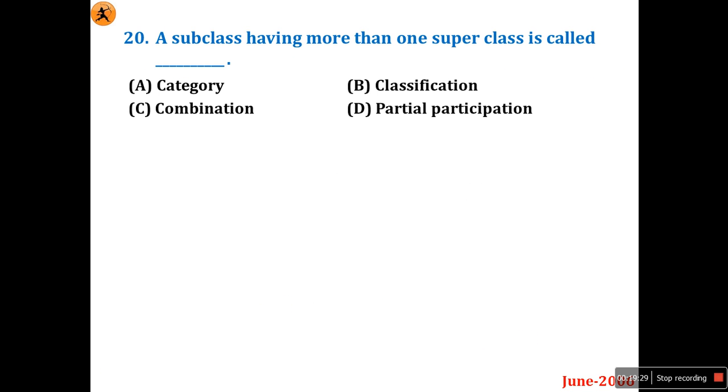Look at the last one. A subclass having more than one superclass is called: category, classification, combination, or partial participation. So first of all we'll see what is a subclass and superclass, then we'll define category, classification, combination and participation.